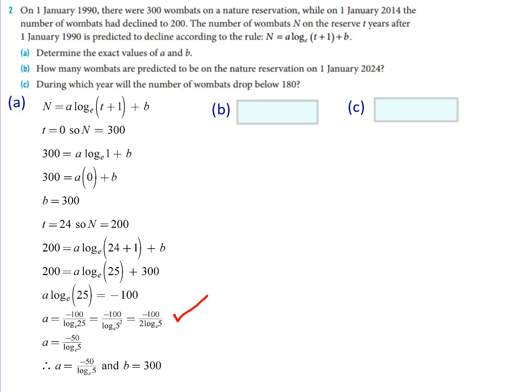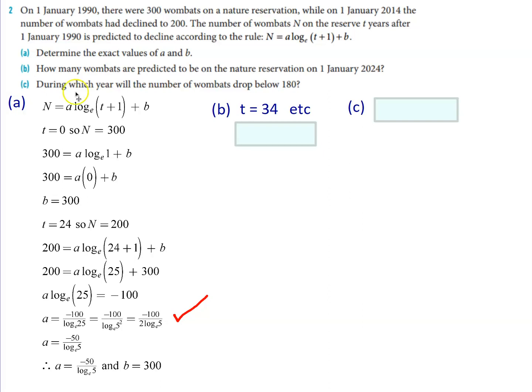I'm going to give you a hint. You know what a is, you know what b is, and you now know what t is. It's 34 years after 1990. Solve that for N. That one's relatively straightforward now.